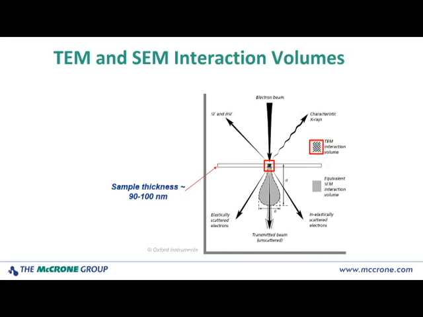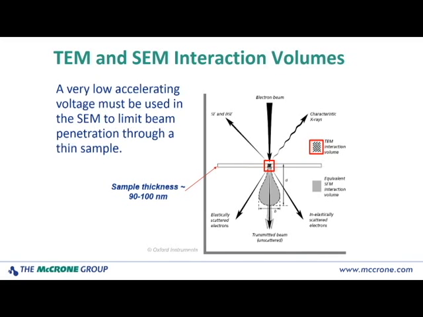So the TEM is really much better suited to EDS elemental analysis of these thin samples than the SEM. Another thing to consider is that in the SEM, you can limit the depth of penetration of the electron beam by using a lower accelerating voltage or a lower energy beam. But this also limits the energy of the X-rays that you're going to get out in your spectrum, and that will be evident in the next example that I'm going to show.